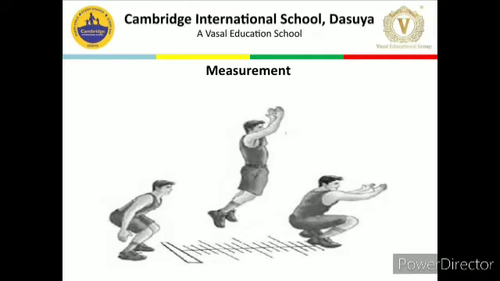Next is measurement. It is the use of tests and techniques to get the information about fitness level of an athlete. In other words, measurement is a process with the help of various types of tests through which the fitness level of an athlete can be measured.